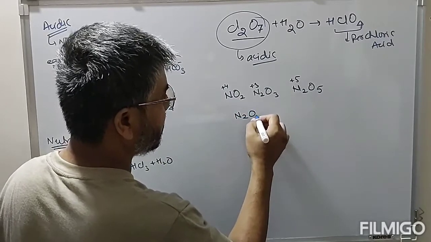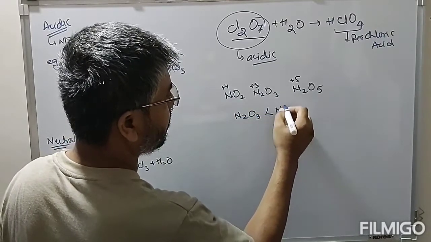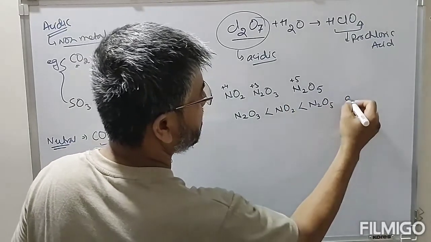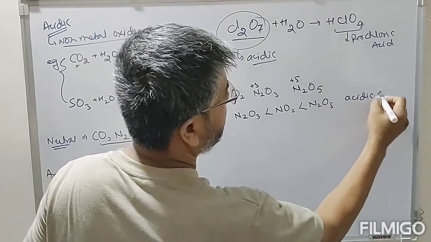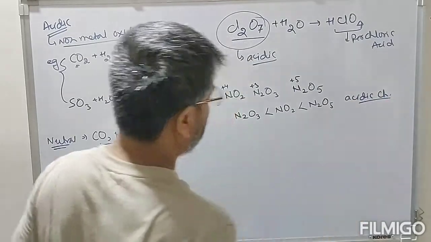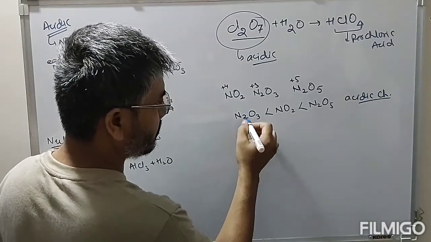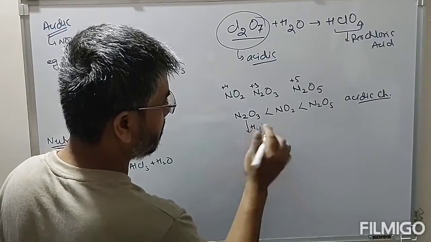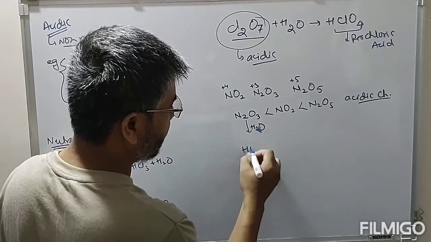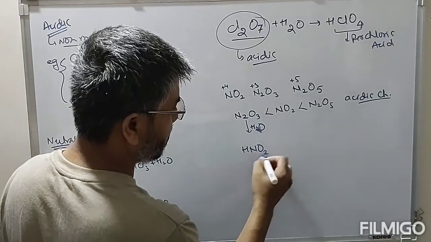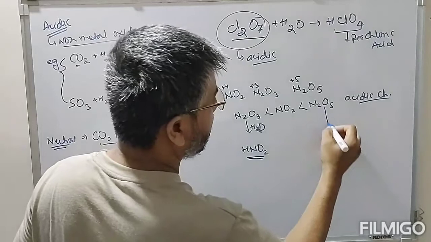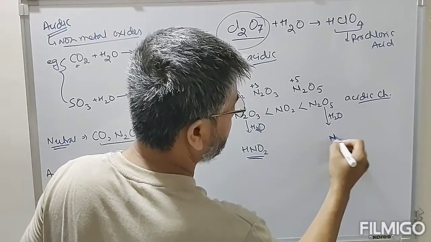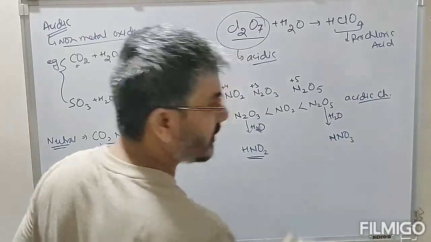So acidic character. This N2O3 when dissolved in water gives you nitrous acid, HNO2. N2O5 when dissolved in water gives you HNO3, nitric acid.